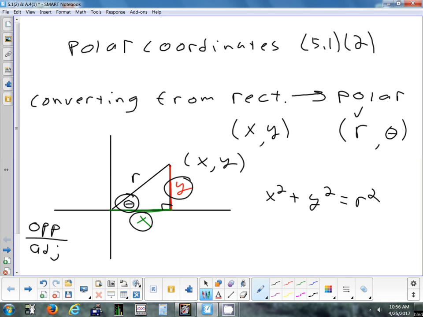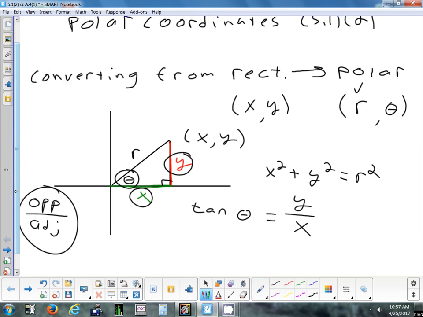Out of the 3 trig functions, sine, cosine, and tangent, which trig function uses those 2? Tangent. So we can write down tangent of theta, and I'm going to write this again nicely on the next page. I'm just writing it quick to show you. The tangent of your angle equals opposite over adjacent. Opposite is Y. Adjacent is X. Now, the only problem with that is we don't want the tangent of theta.